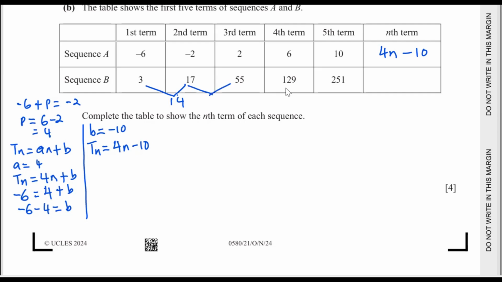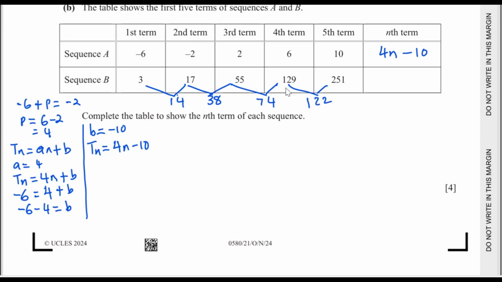The difference here is going to give us 38. The difference here is going to give us 74. And the difference here is going to give us 122.